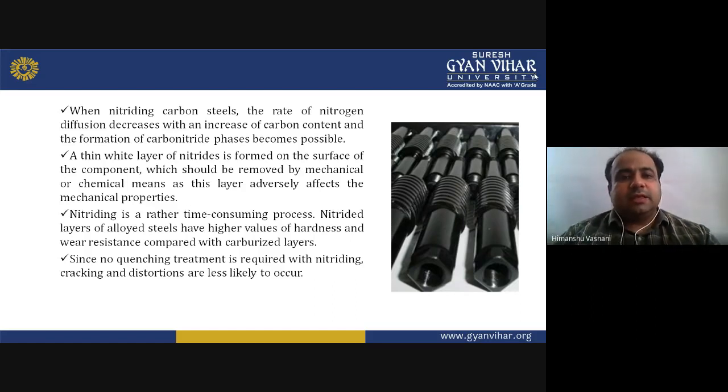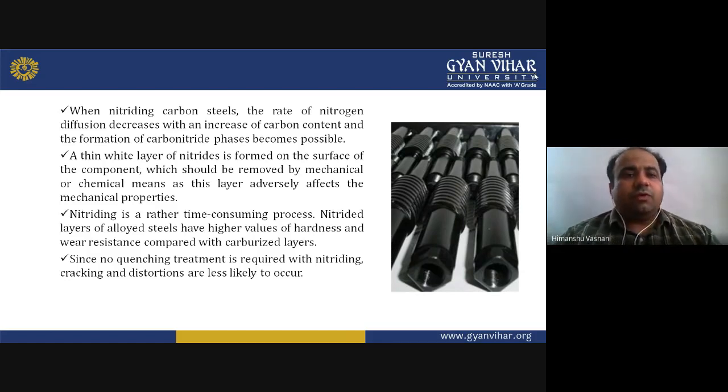Sometimes, while nitriding some kinds of carbon steels, the rate of nitrogen diffusing into the metal decreases with the increase of carbon content. This increase of carbon content may lead to formation of carbon nitride.